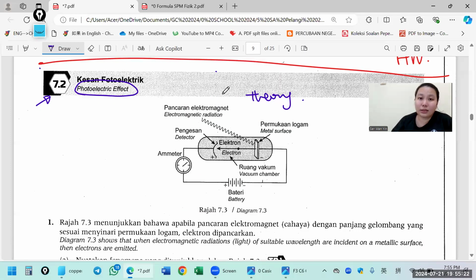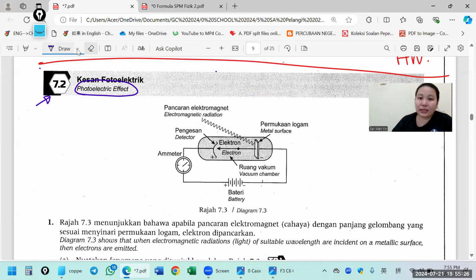Alright, so this is the theory of photoelectric effect. Now this is a metal surface. We shine the light, electromagnetic radiation. Actually, not only the visible light. Last week we recalled all of the waves: R M I V U X gamma.